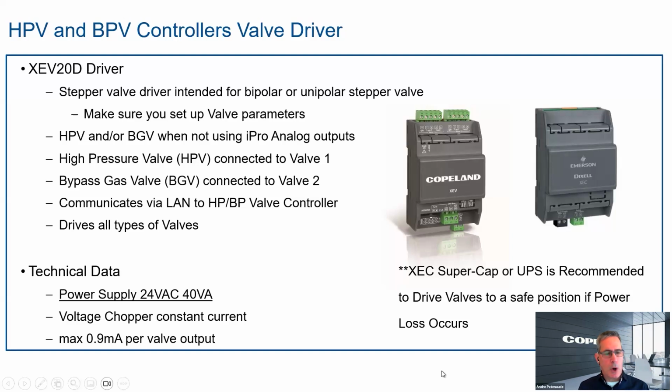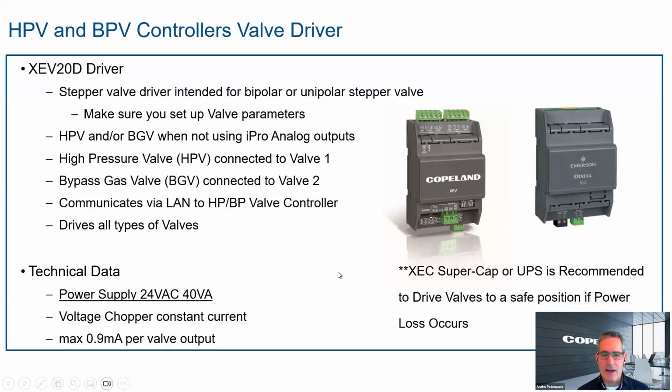There are two components to the high pressure system, right? The main brains, if you will, which is the iPro, and then the valve driver, which is what I'm showing here, the XEV20D. It's connected to valve 1, which is the high pressure valve, and valve 2, which is the bypass valve.